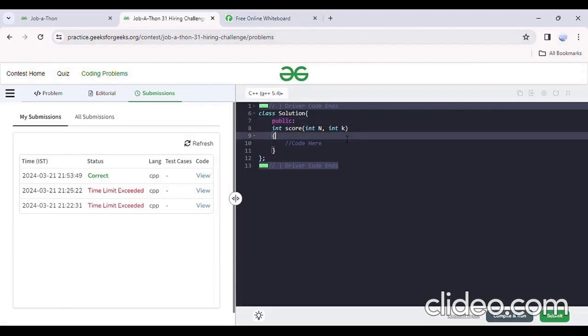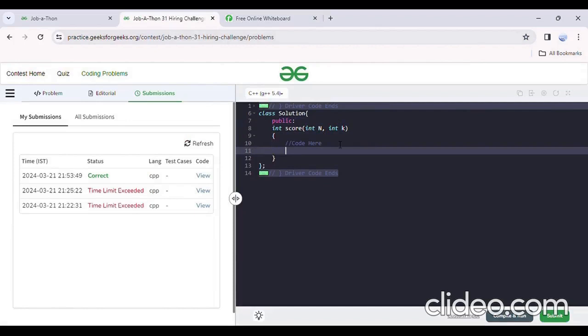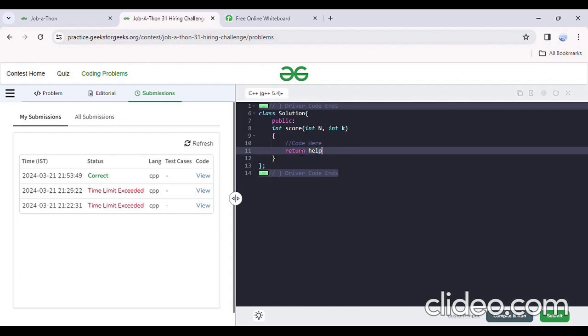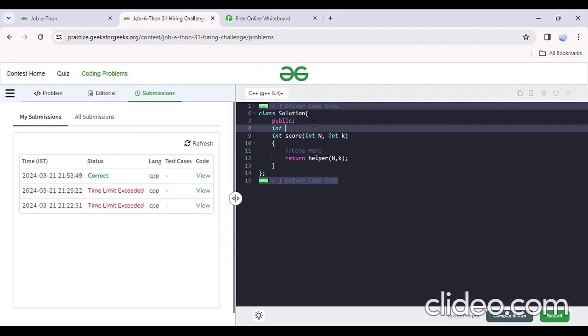So what I am doing here is taking one helper function, helper of n, k.